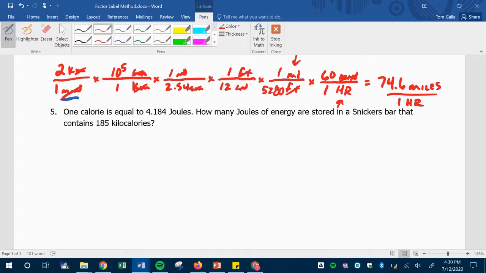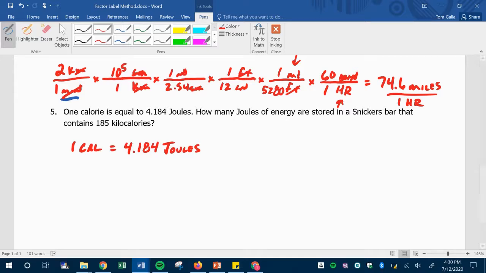Now, one important thing here, and questions oftentimes do this, they give us conversion factors to use. And so it says 1 calorie is equal to 4.184 joules. Now, just like at the top of this page, we have these conversion factors to use.